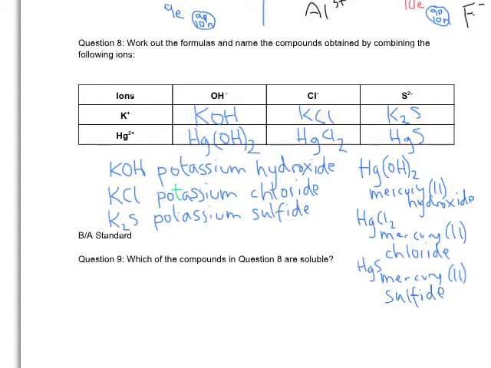Again, we need to now go to our solubility rules and read that through. And if we have a look at our solubility rules, I'll just bring them up here on my computer so I can see them to make sure I don't make an error.